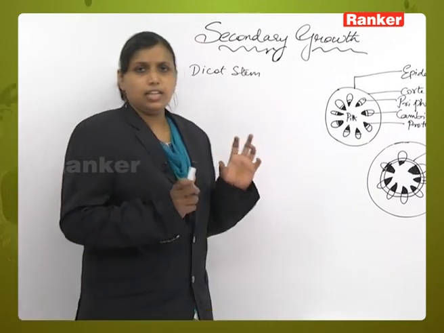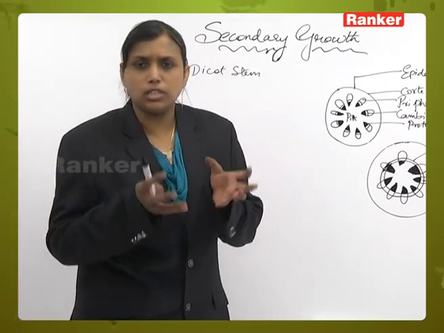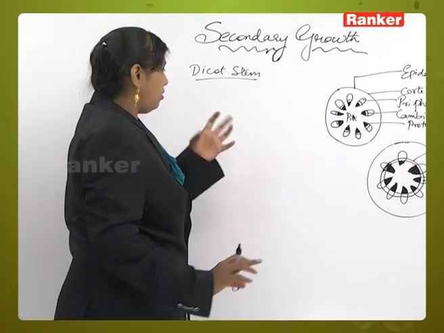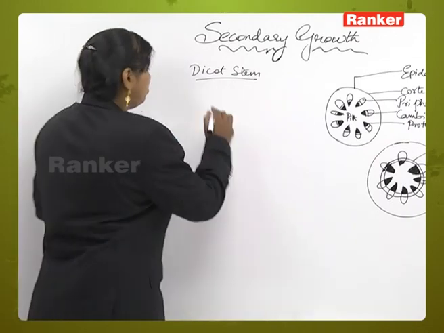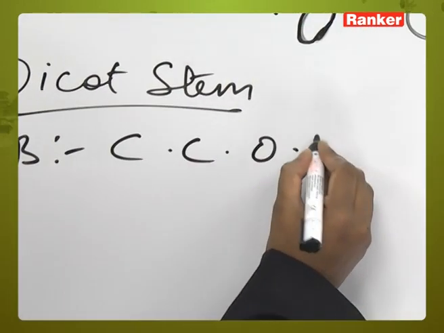So, in general when we are studying the vascular tissue organization of a dicot stem in normal growth, what is the vascular bundle here? As we studied earlier in the TS, the vascular bundle will be conjoint, collateral, open and endarch.